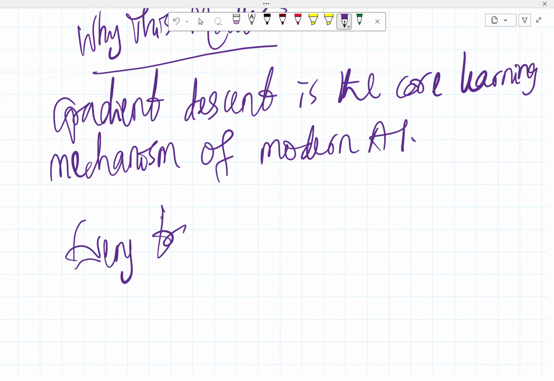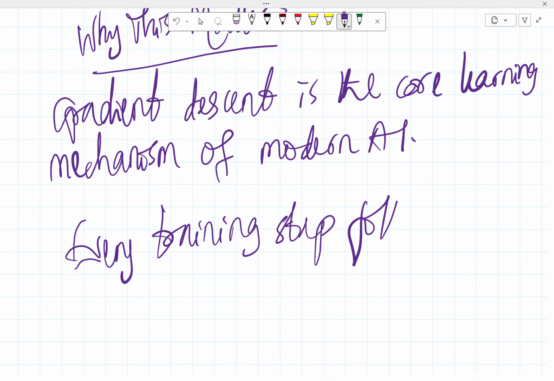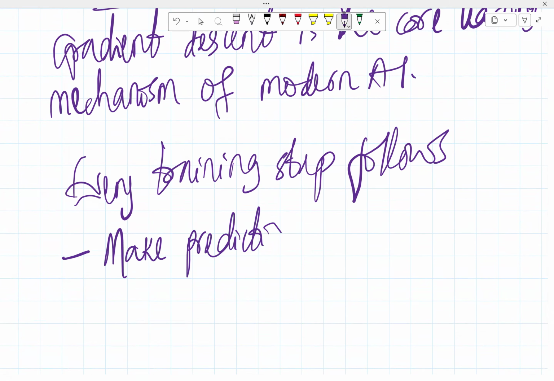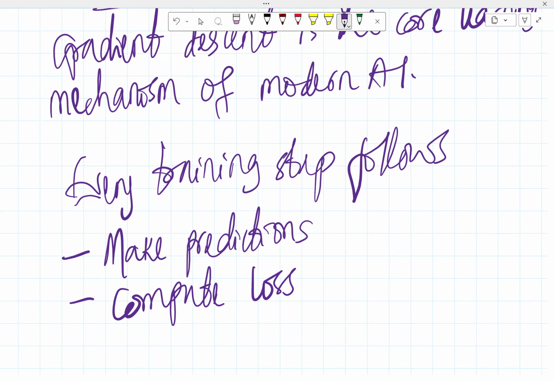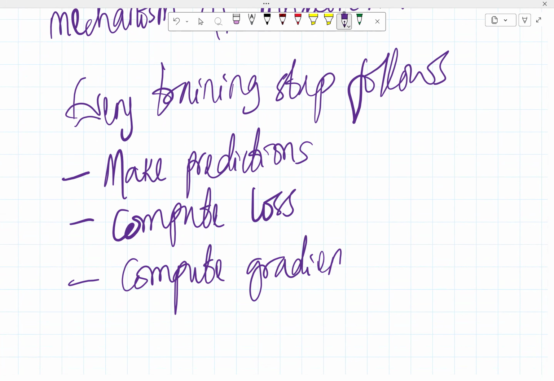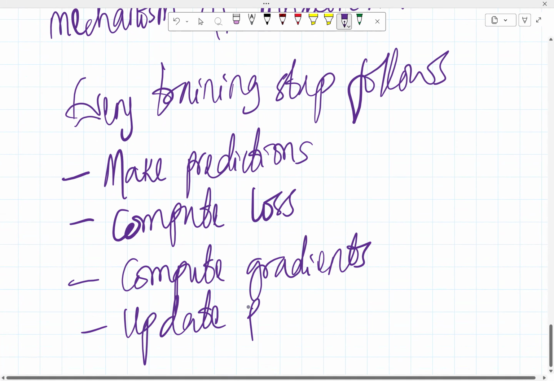Every training step follows this: make predictions, then compute loss, then compute gradients, then update parameters.